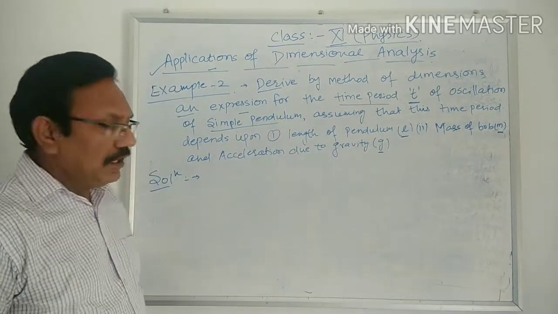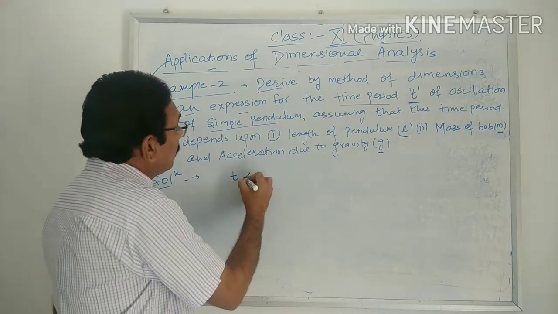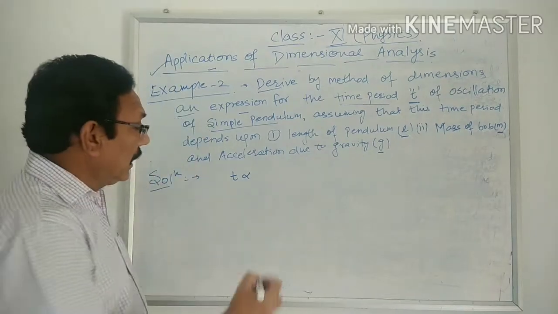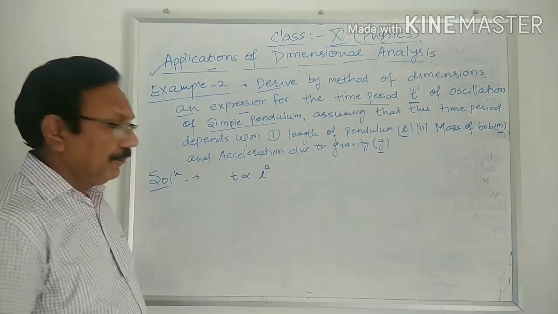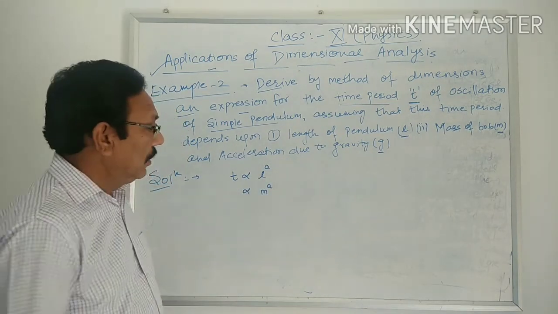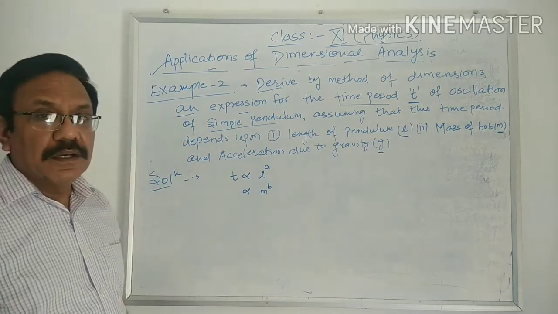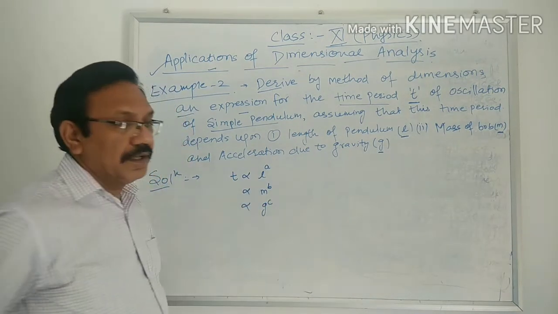The dependency is given here. The time period t depends first upon the length of the pendulum. The symbol for the length is L, so L raised to power A. It depends upon the mass of the bob, so it is M raised to power B. It depends upon acceleration due to gravity.